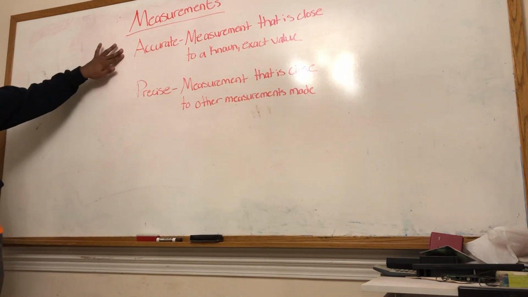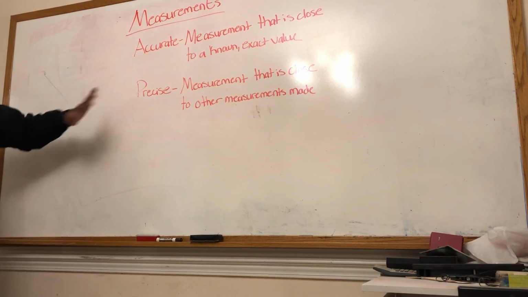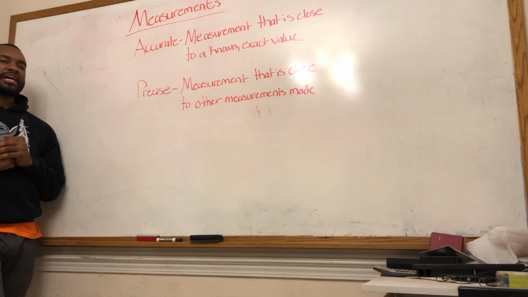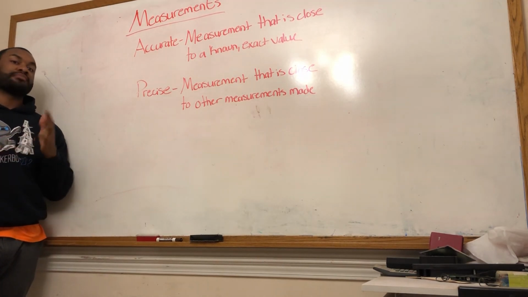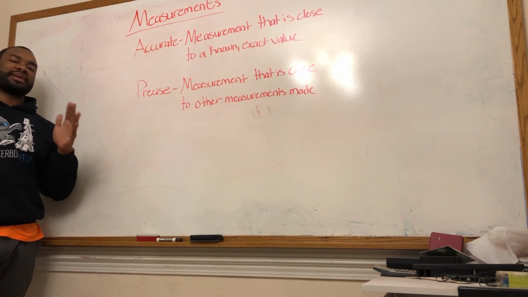So you have accuracy on top and precision on the bottom. And so measurements can be accurate or precise, or they can be both. And ideally you want them to be both when conducting an experiment.